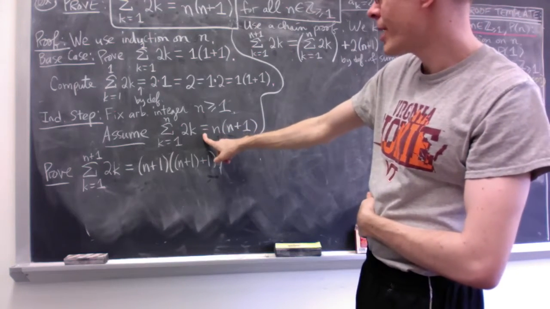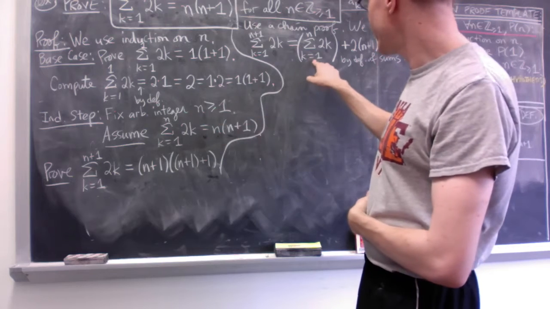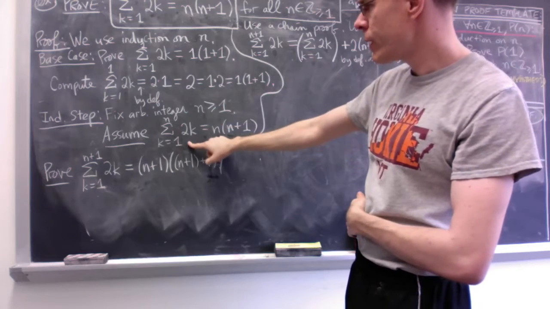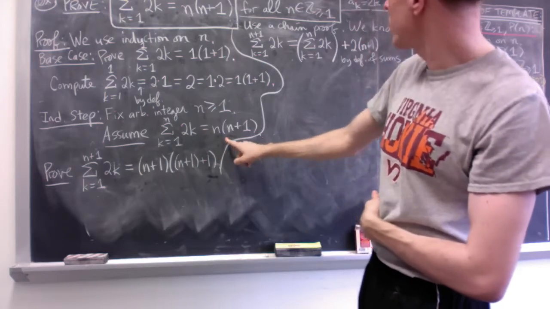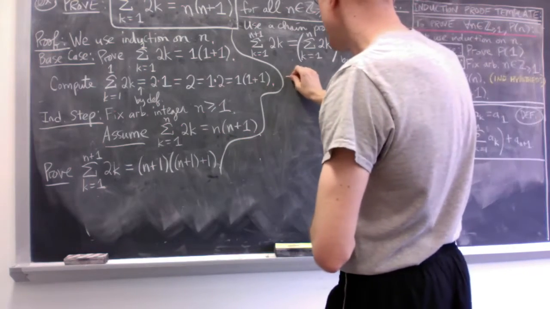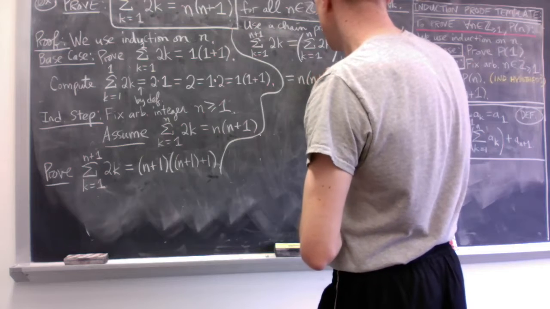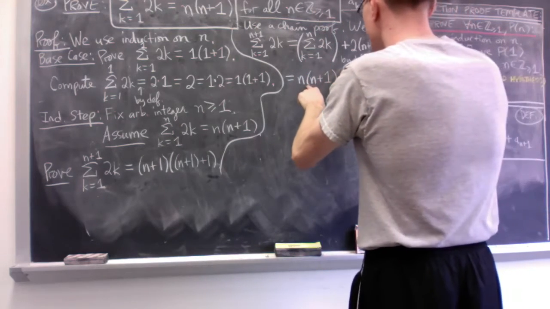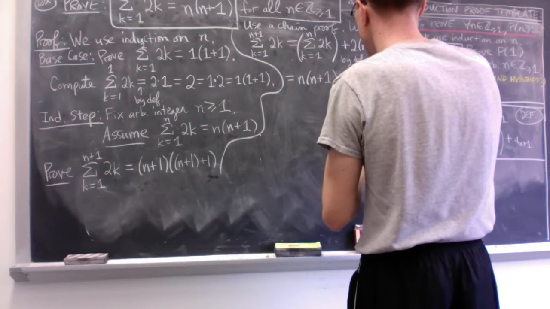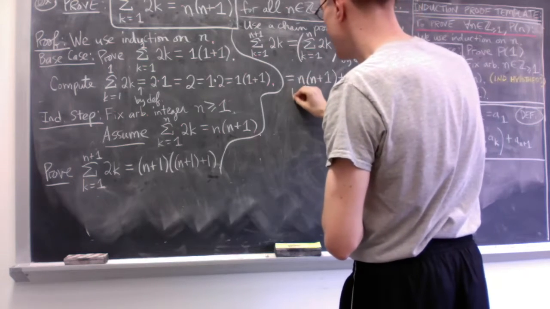This is why the induction is so neat. This thing that's shown up here is the very sum that I assumed to be equal to this. Okay, so I can use that right there without worrying and replace that part by that, and I still have this extra part. And so this step is true.